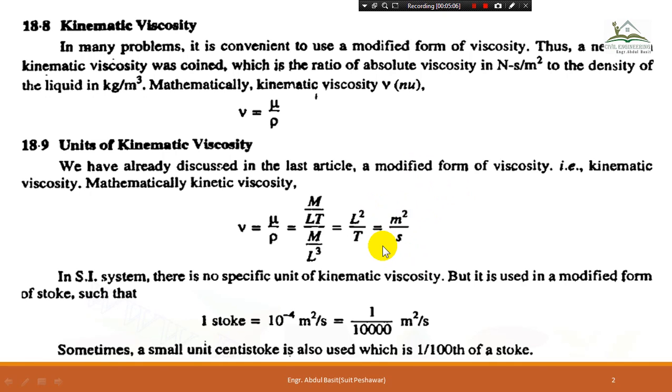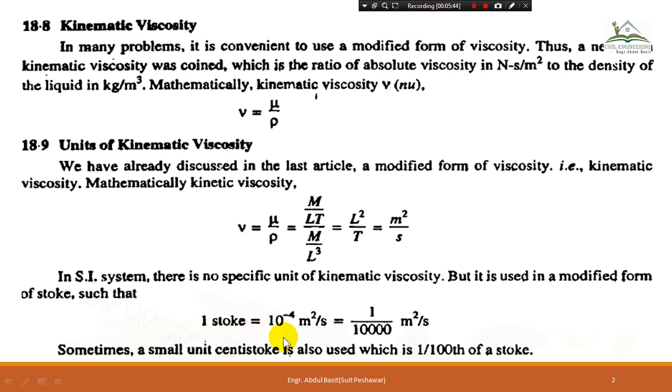In other words, the SI system has no specific unit for kinematic viscosity, but a modified form is used, the stoke, which is equal to 10 raised to power minus 4 meter square per second, that is, 1 divided by 10,000 multiplied by meter square per second. So the stoke is a small unit.